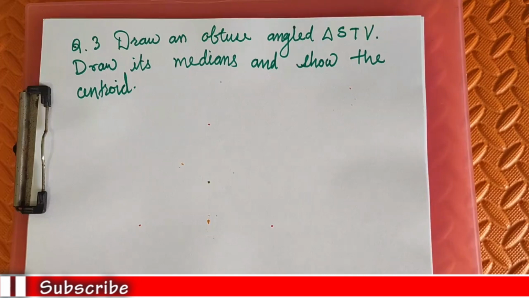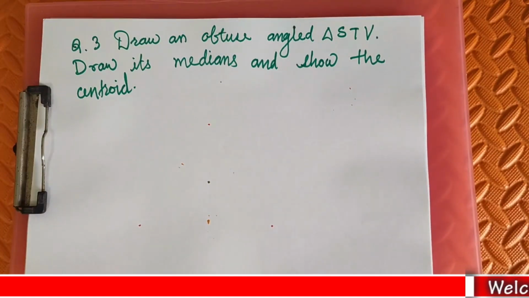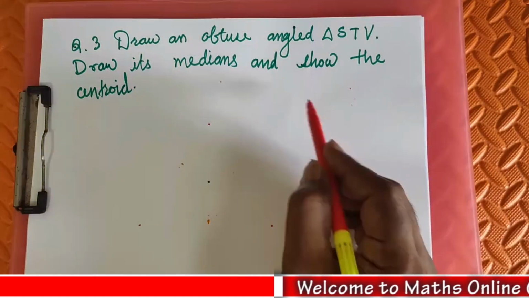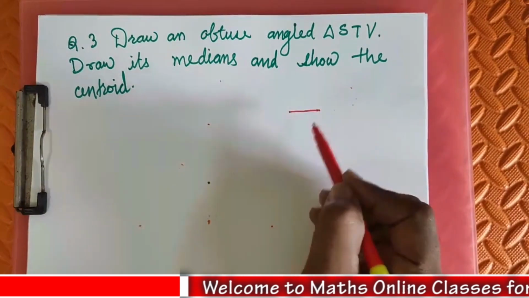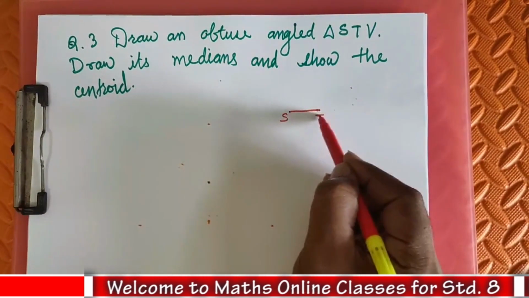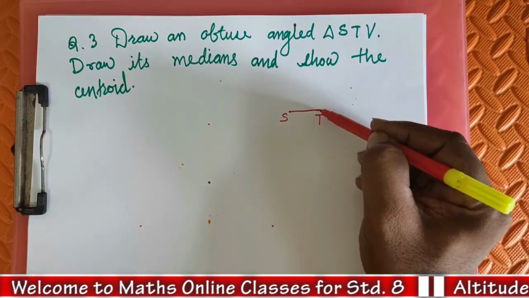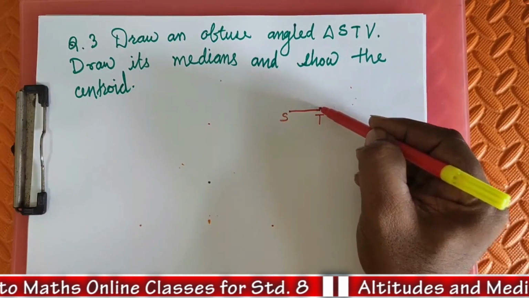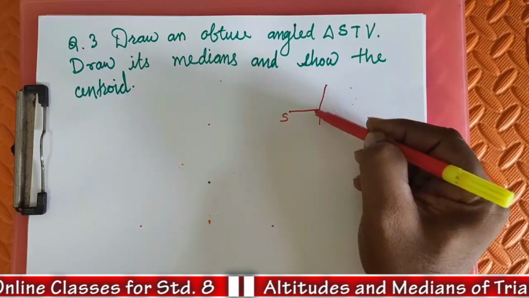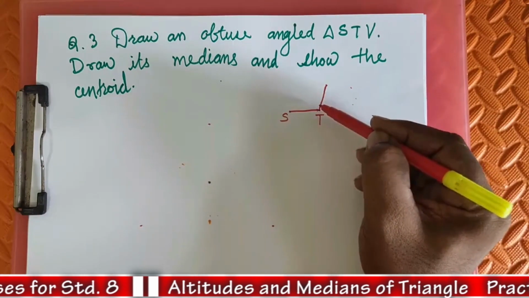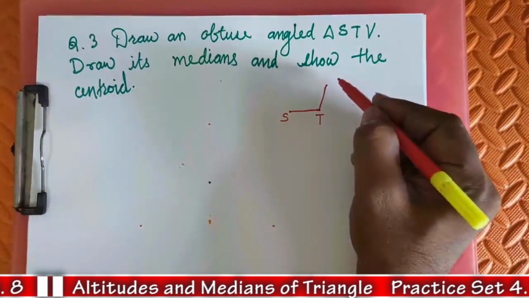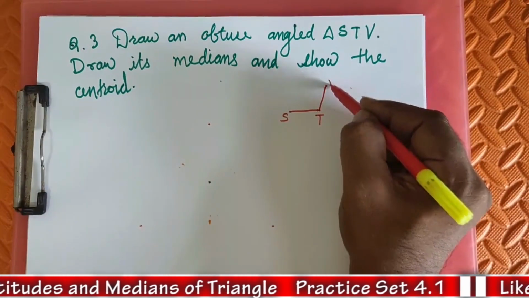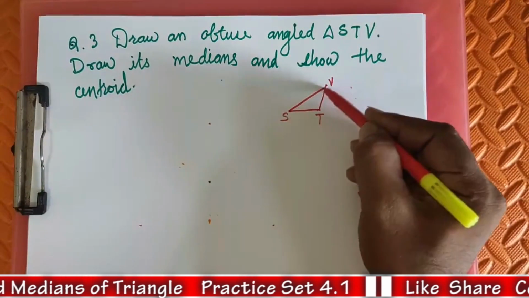Always draw one rough figure, so you get a clear idea of how your construction will be. I will draw like this, small side, here S, here T. I will take here maybe 100 degree, as 100 degree is an obtuse angle, and I will give here name V. I will join this.